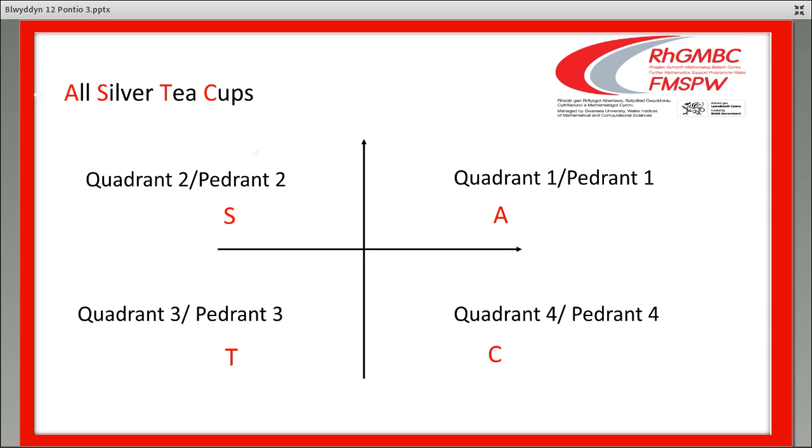Now I know some staff teach it as CAST, but why are we starting in the last quadrant and not the first quadrant? We start where they are all positive. So all, S for silver, which is also S for sine, T for tea, which is T for tan, and C for cups, which is C for cosine.